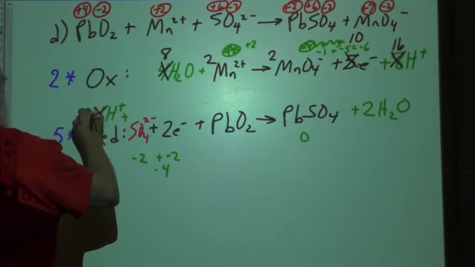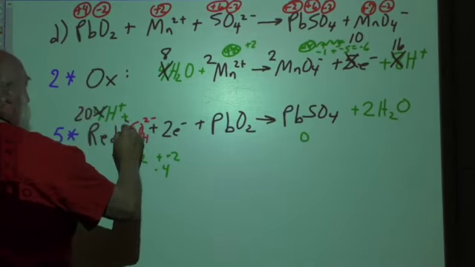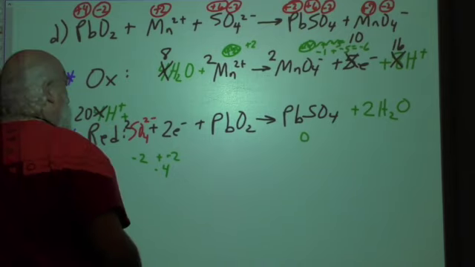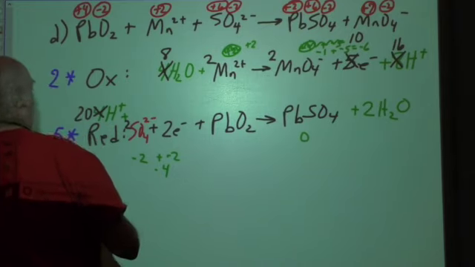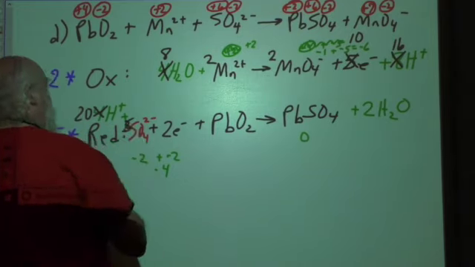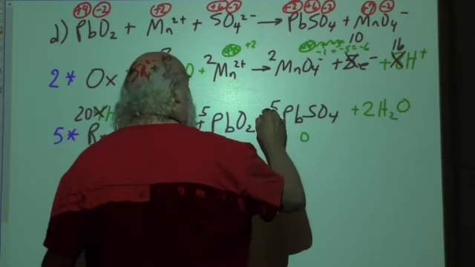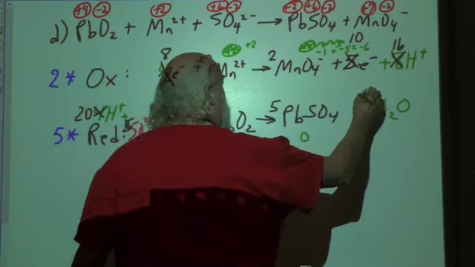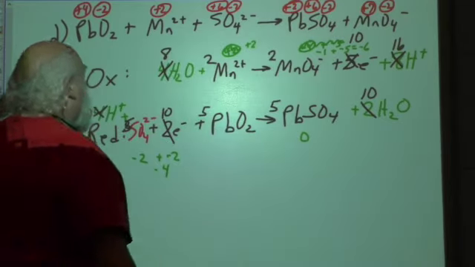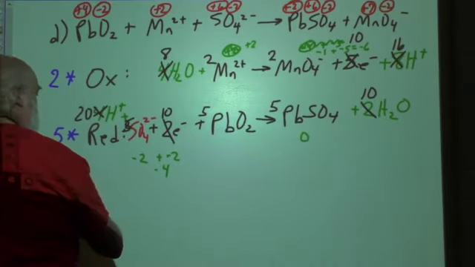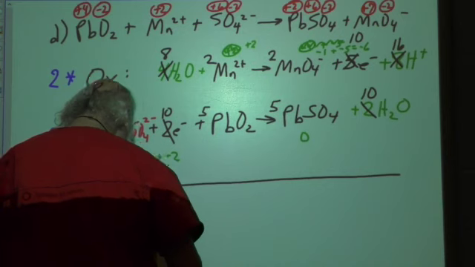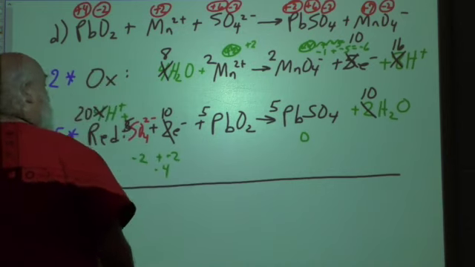This will give us 20 hydrogens here, 5 sulfates there, sorry. That makes it 10 electrons, 5 lead oxides, 5 lead sulfates, and 10 waters. Turning into a mess, but here's our final outcome.